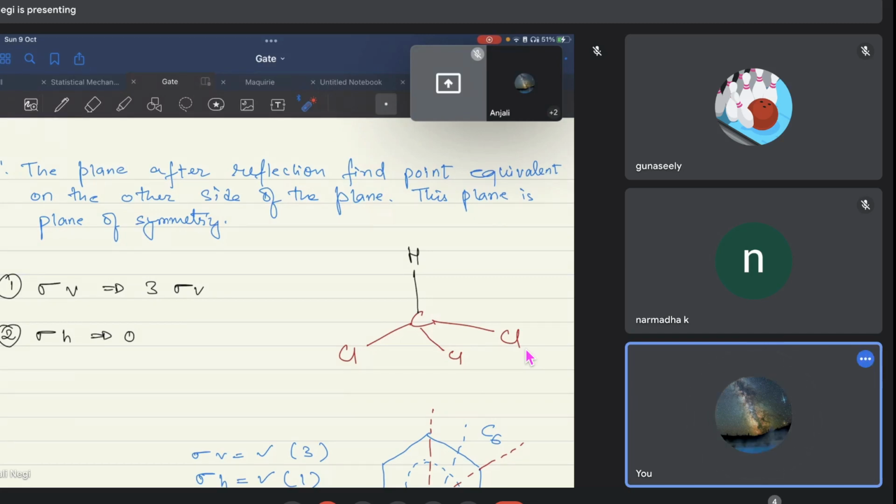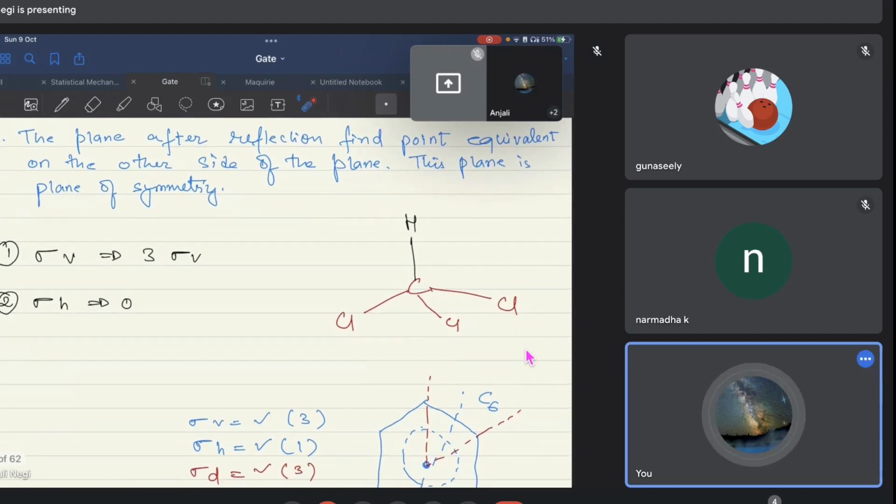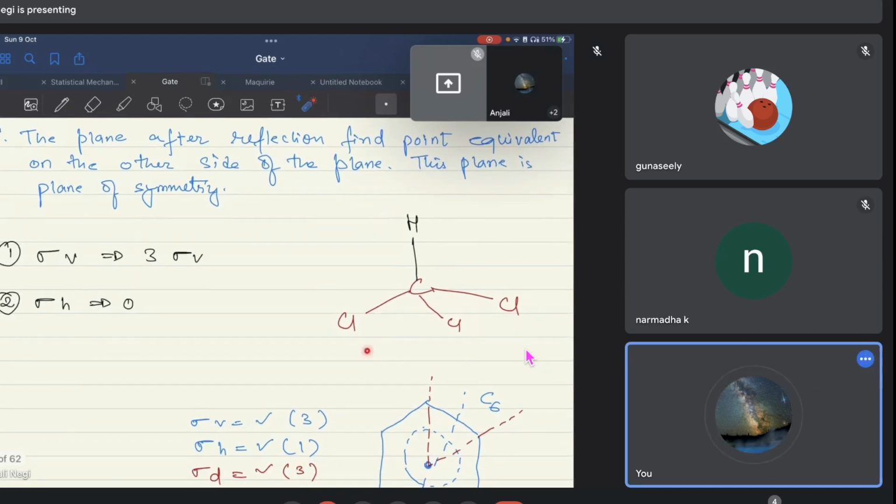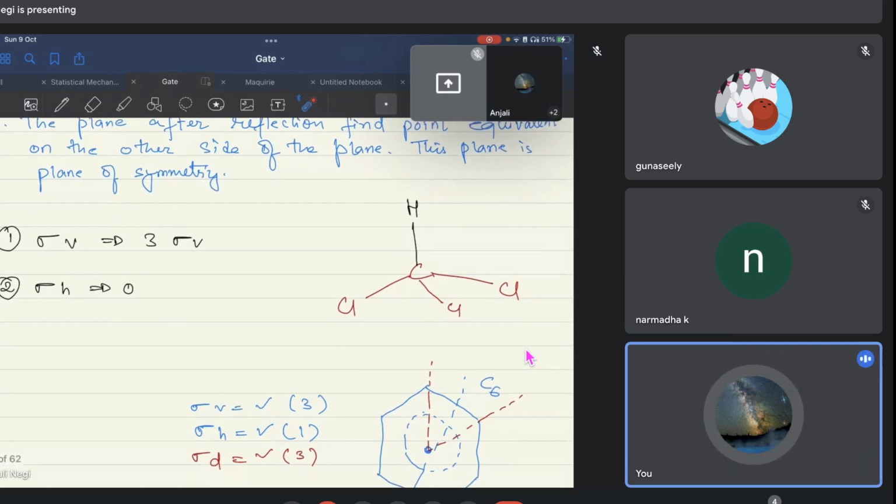So for example, this is a molecule, CHCl3. Imagine the structure, and then imagine the particular mirror planes present in this molecule CHCl3. I will draw one.